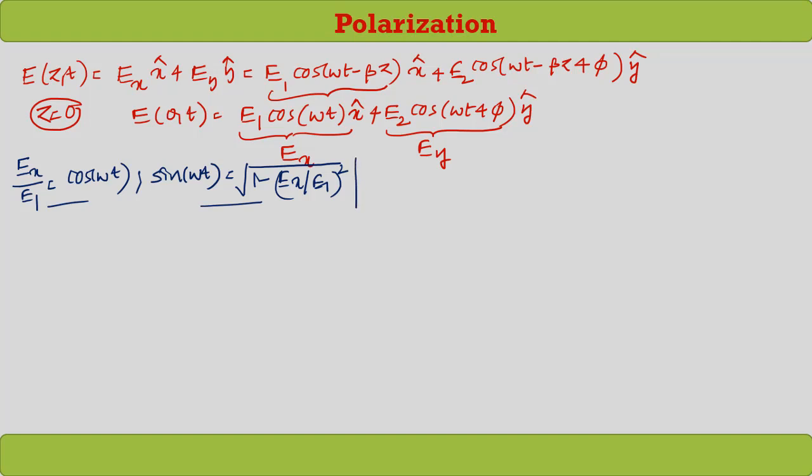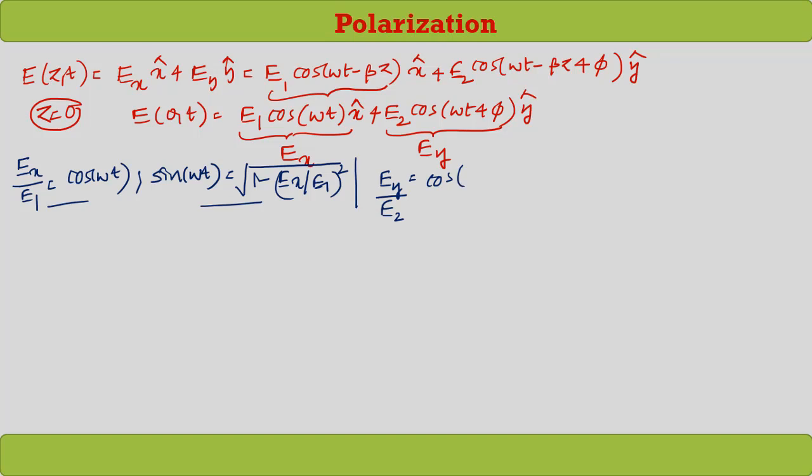Now write the expression for Ey. So for Ey, what did we get? E2 cos(omega t plus phi). Send that E2 to the left side, then you will get Ey by E2 is equal to cos(omega t plus phi).